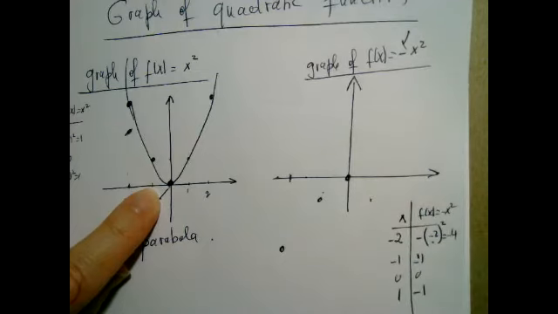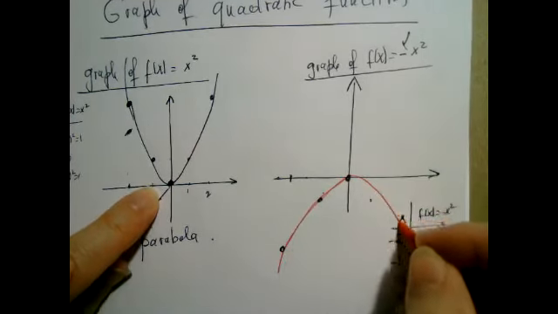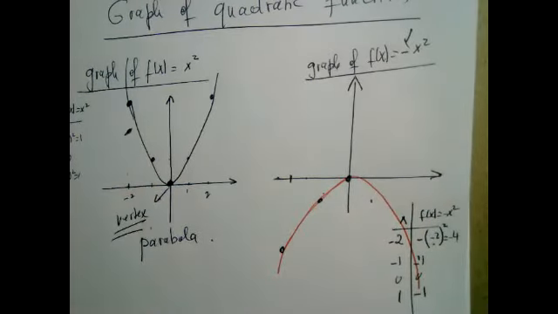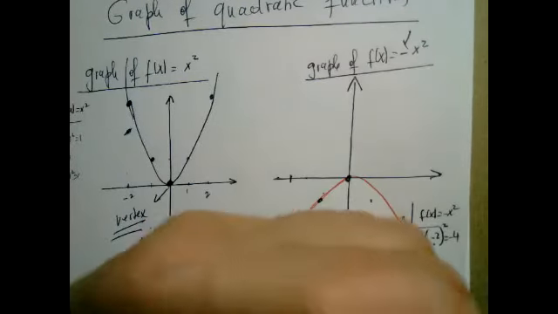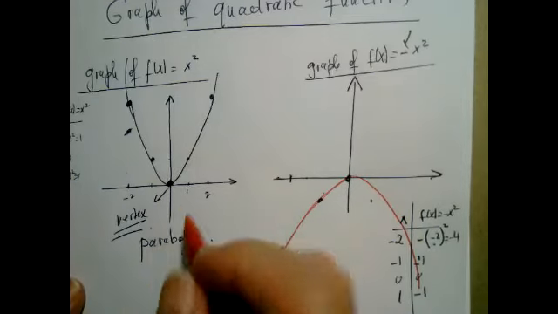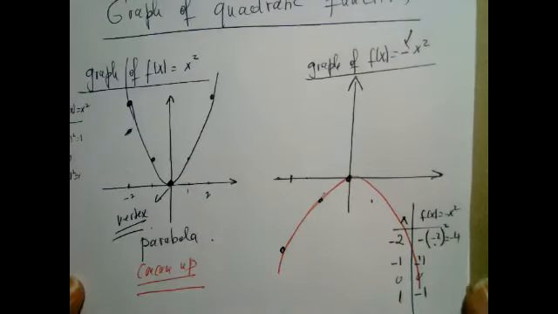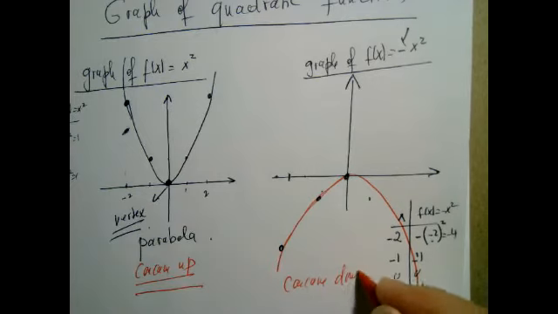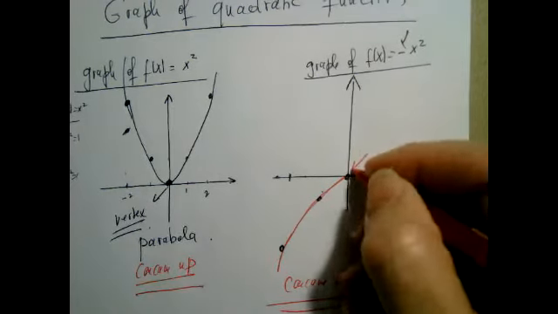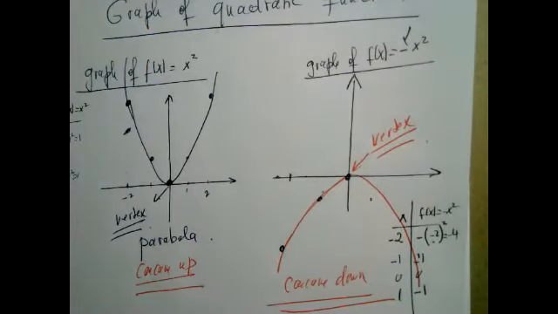So it's going to be exactly the same, but it's going to go down. If you have a minus in front of the x squared, you have a parabola going down. Now this one is concave up. In this case, the minus will make it concave down. And this is my vertex. So these are the two simple parabolas.